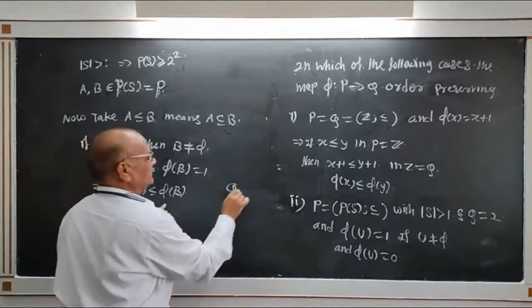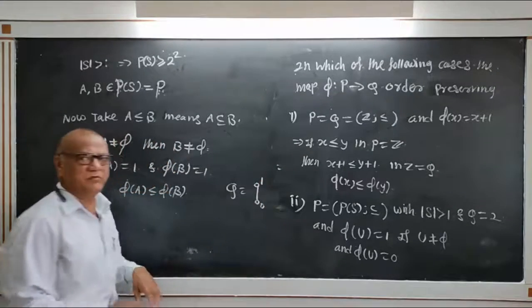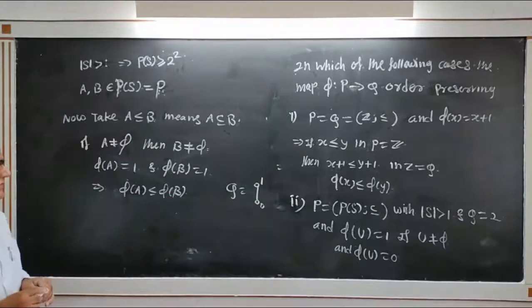Here Q is a chain of 2 elements, 0 and 1.